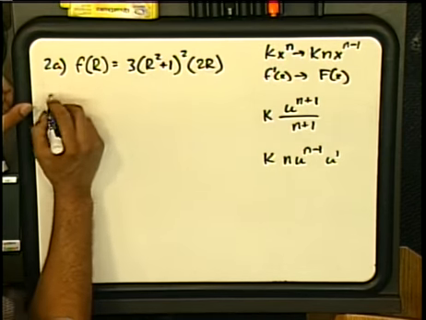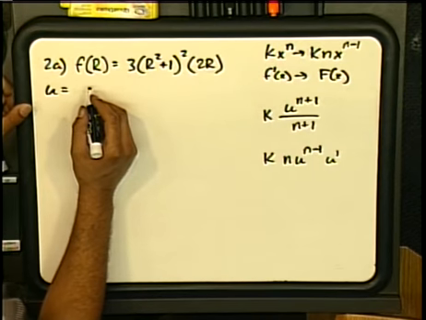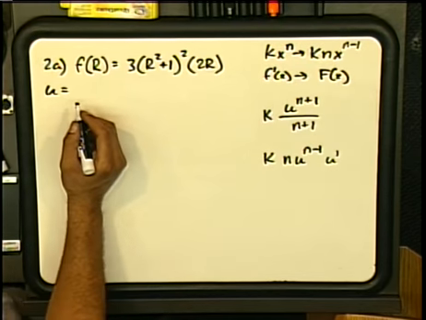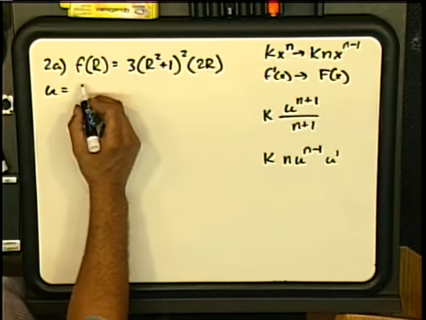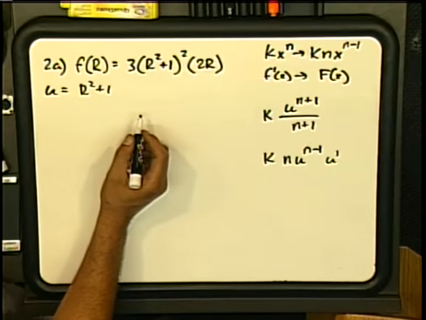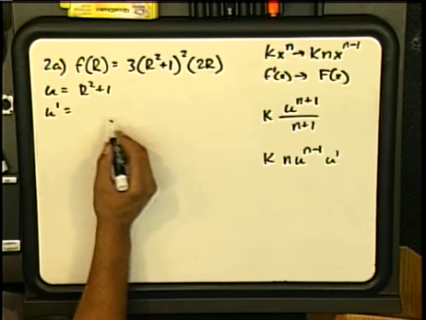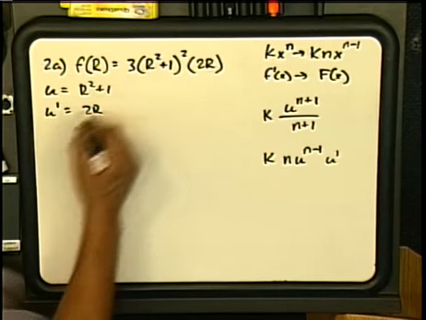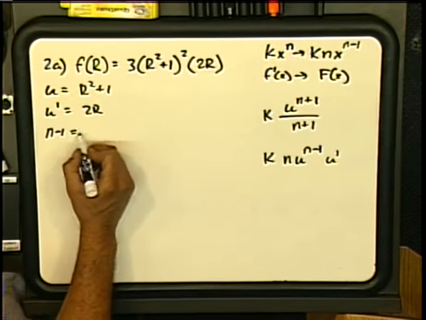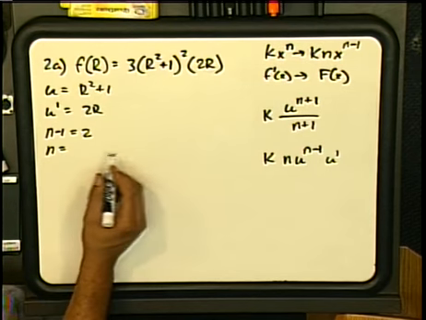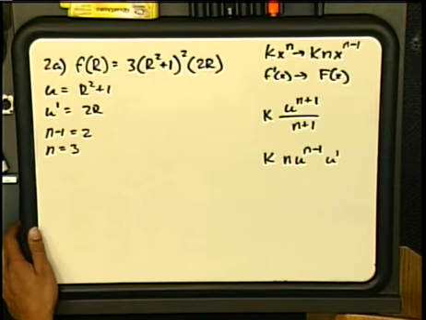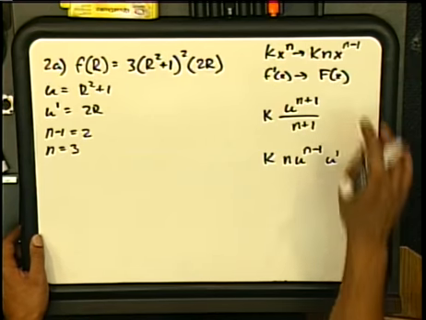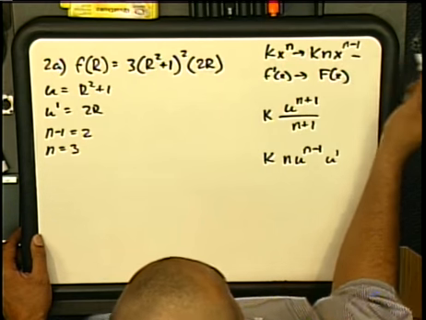First, we're gonna list our U. U equals R squared plus 1. U prime equals 2R. They give you n minus 1 equals 2. That means n equals 3. And then plug in to this equation.